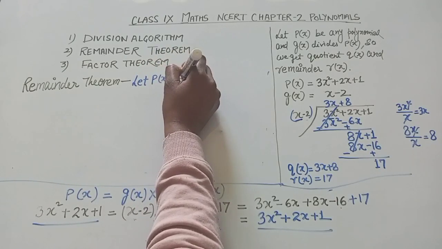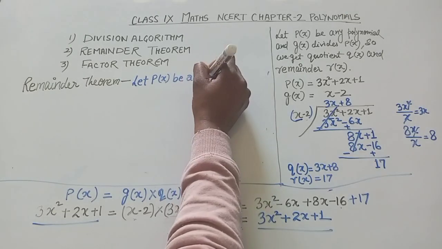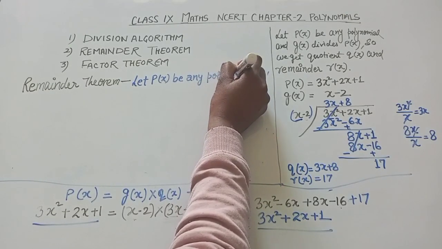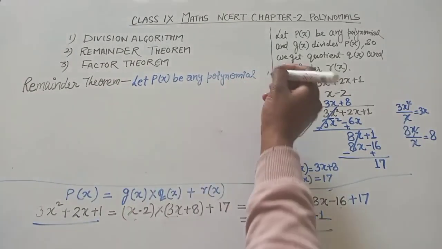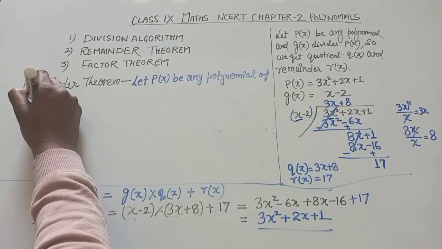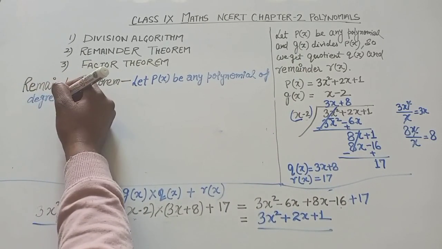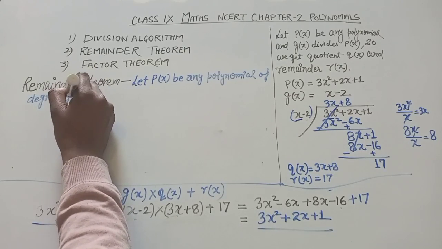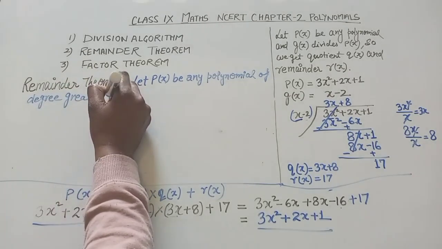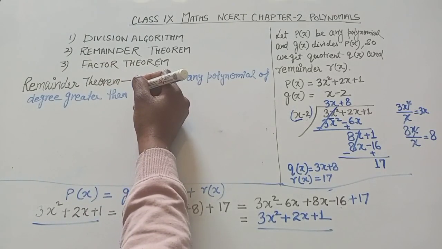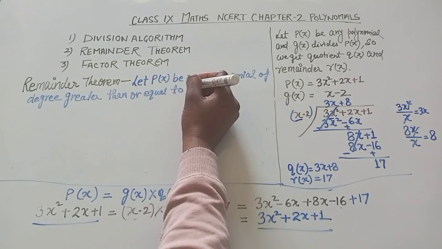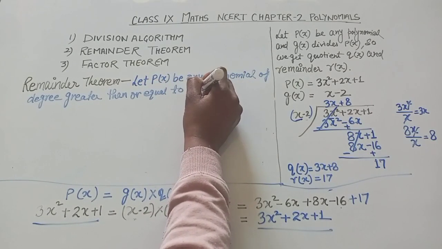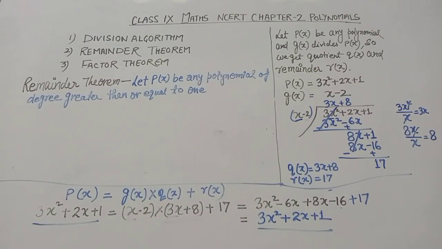let px be any polynomial, let p be any polynomial of degree greater than or equal to 1. पॉलिनोमियल की डिग्री क्या होनी चाहिए? हमेशा उसकी डिग्री वन होनी चाहिए या वन से बड़ी होनी चाहिए.